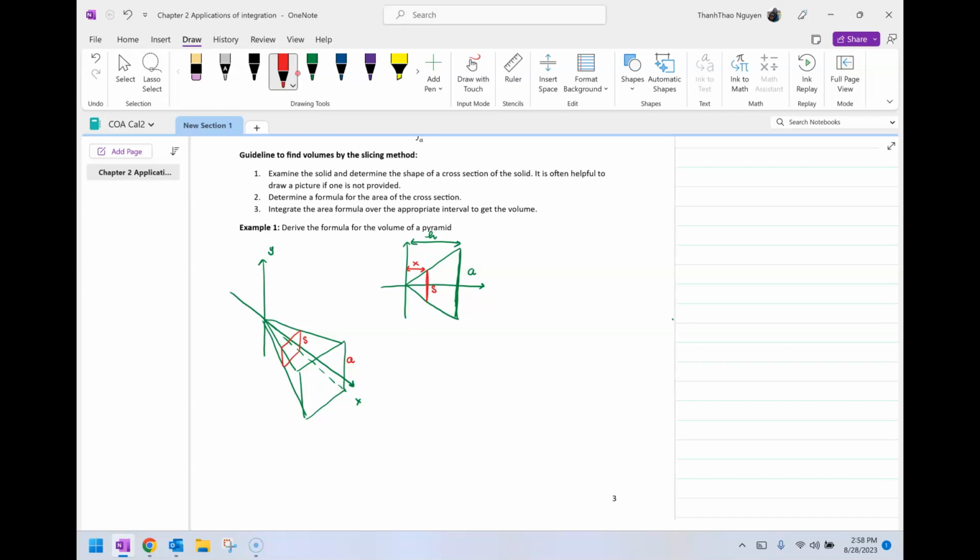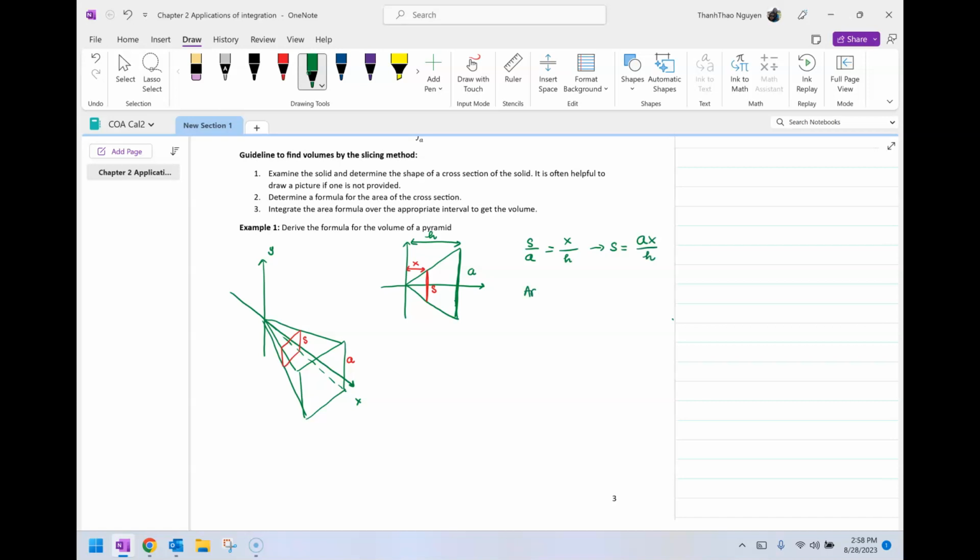Now we can see that we have two triangles, right? One made up of the origin and the base of the cross section S, and the other made up of the origin and the base of the pyramid itself. I can set up the proportion: s over a is equal to x over h. Then I can solve for s: s equals a times x over h.